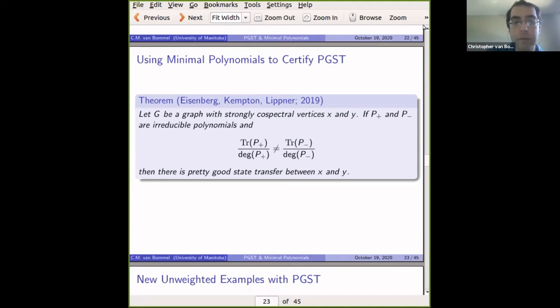I've looked into this condition for unweighted graphs, and I've found some examples there that satisfy the conditions on this theorem.